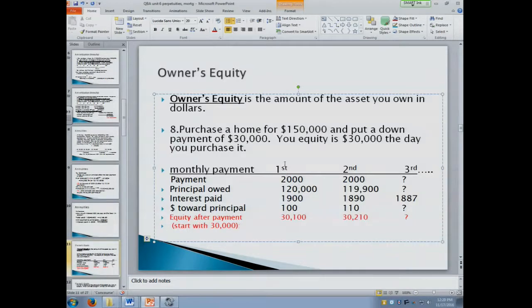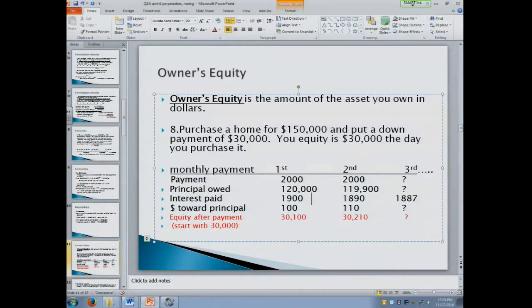So therefore, after this first payment, your equity goes from $30,000 to $30,100 because you have put $100 towards the principal. So your equity is now $30,100.